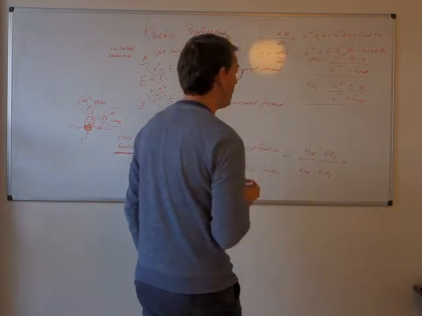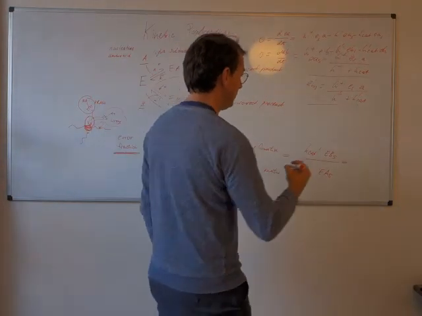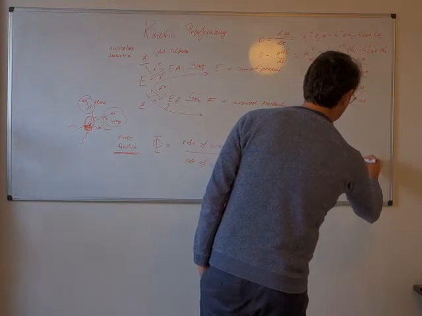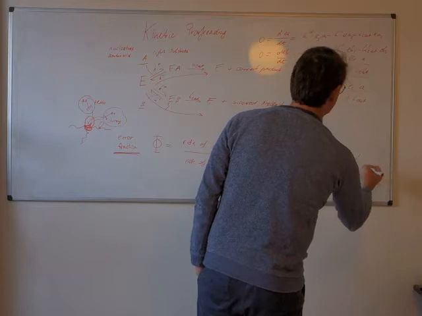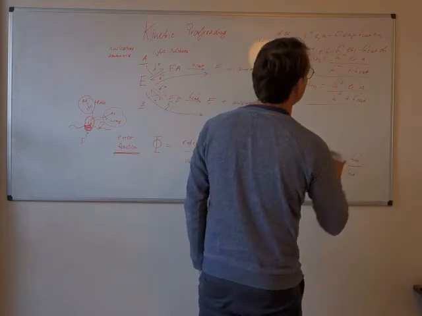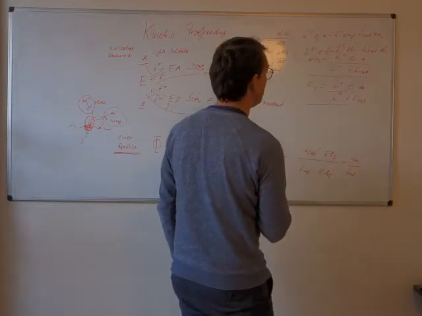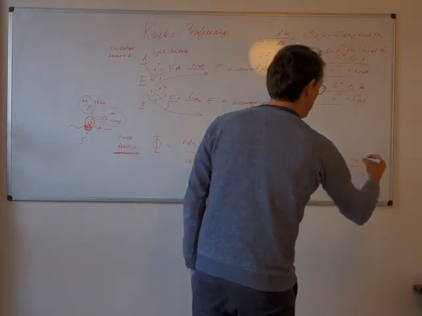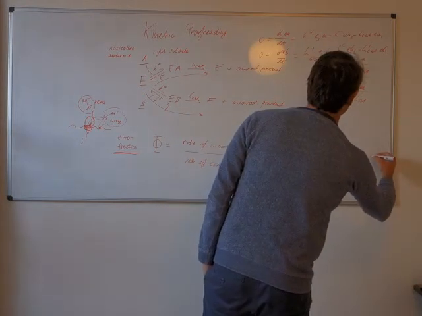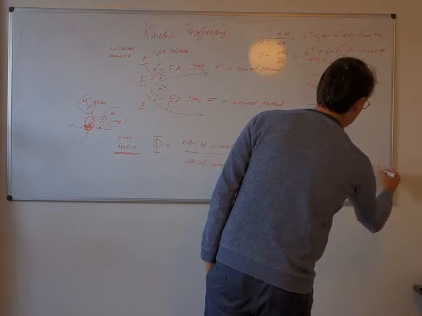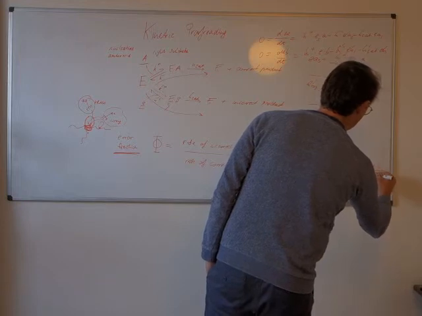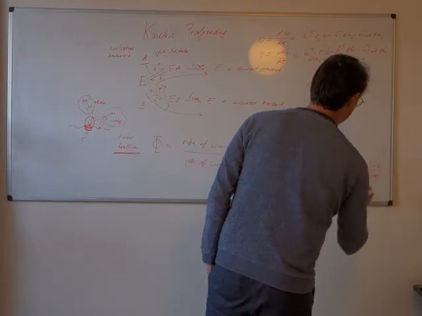Right? And then we end up with k_cat prime over k_cat times EB. Sorry, this should be B, of course, EB. So you get k_plus times E times B, divided by k_minus prime plus k_cat prime.